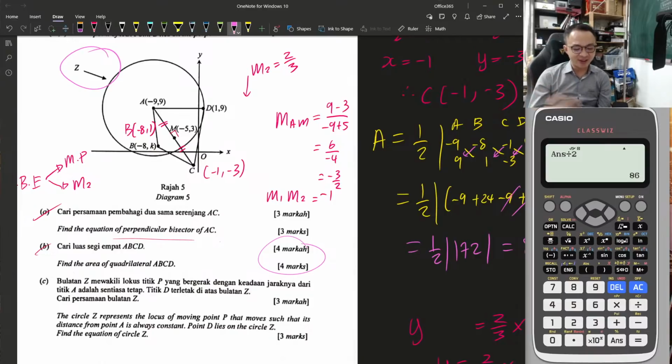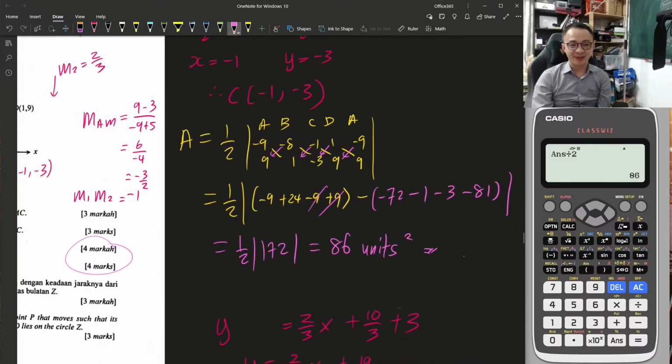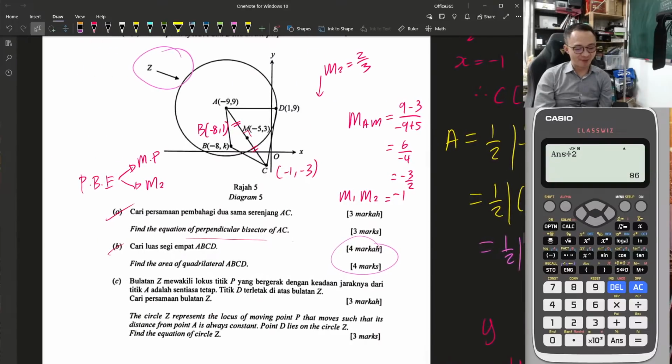So the point D lies on Z. Find the equation of Z. Did I get it correct? I hope I didn't make any careless mistake, because sometimes I accidentally do. If I'm wrong, let me know.